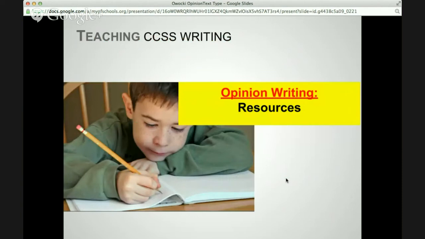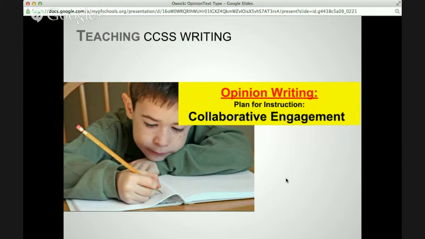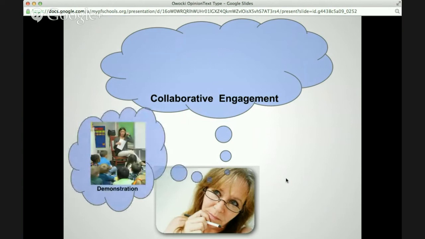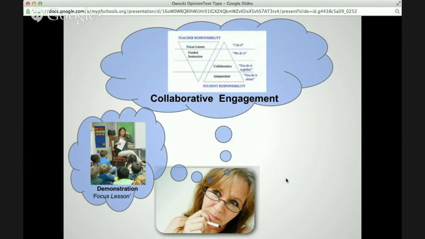Boy, this is getting a lot easier, isn't it? Going from resources now to just that final look at collaborative engagement. We know collaborative engagement is not the first step of gradual release. It always starts with the demonstration or the focus lesson, where you're naming and noticing that criteria.